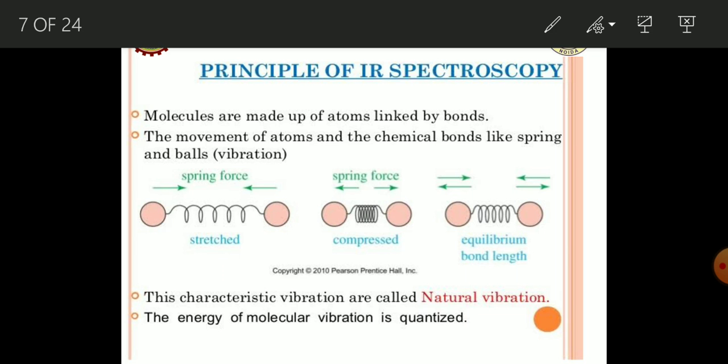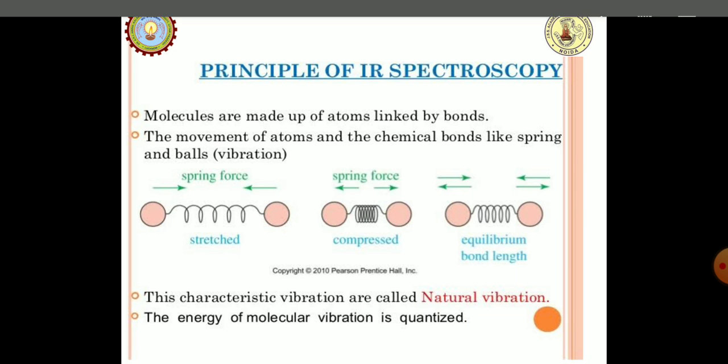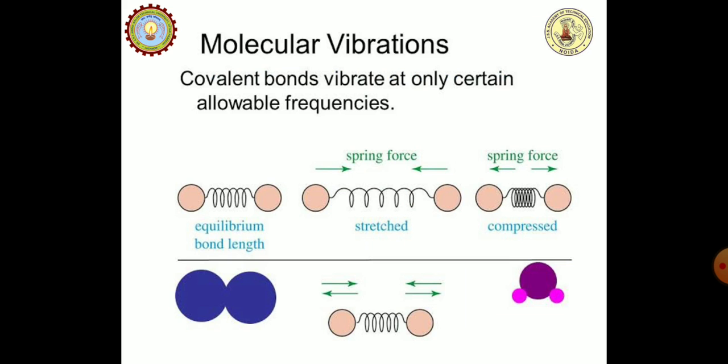The energy of this molecular vibration is quantized. Molecular vibration means the covalent bond vibrates at only certain allowed frequencies. When energy in the form of infrared radiation is applied to the sample, it causes vibration between atoms of the molecule.